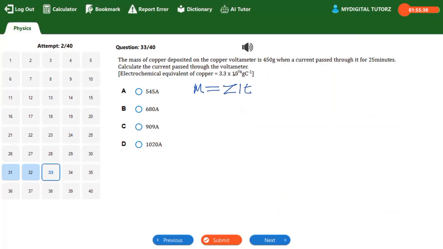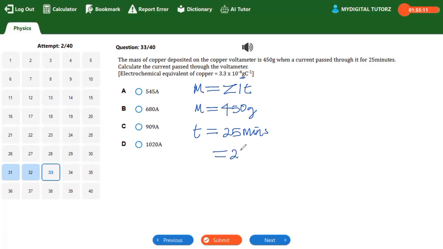Let's take note. So here now, we are given our mass to be equal to 450 grams. Here, we are going to leave it in gram. Don't usually convert when you are dealing with Faraday's law. Since this one is in gram, just leave it in gram here. Then we are given time to be equal to 25 minutes. But this you have to convert to second.